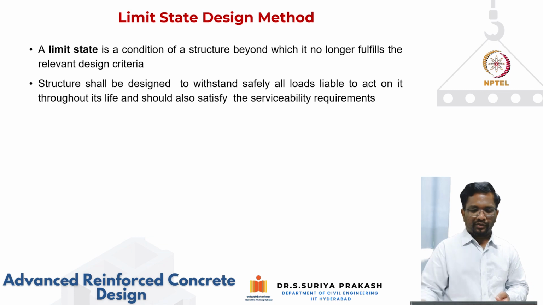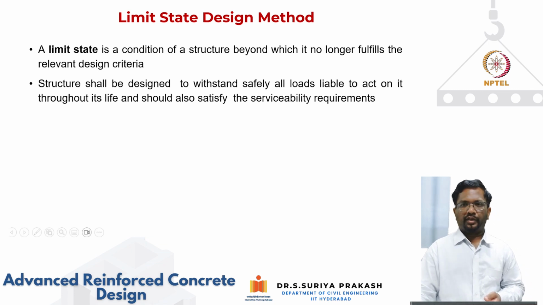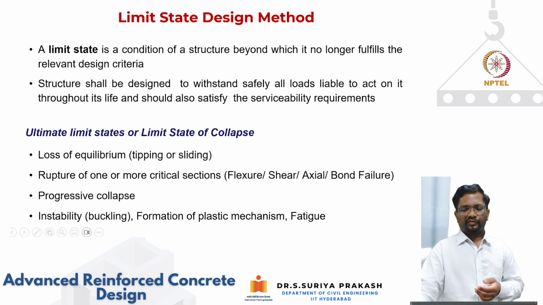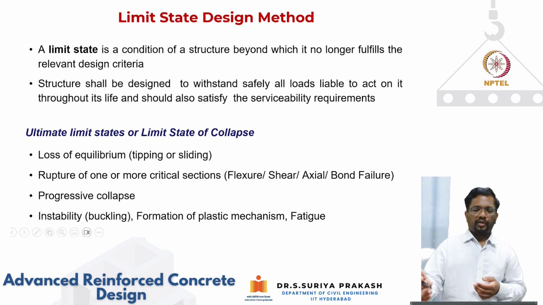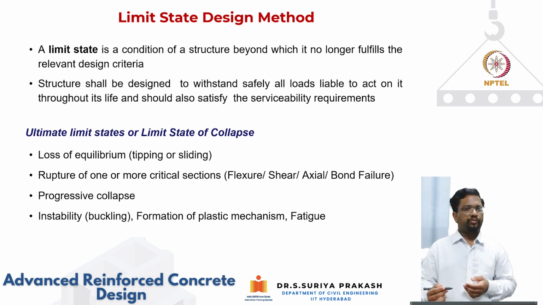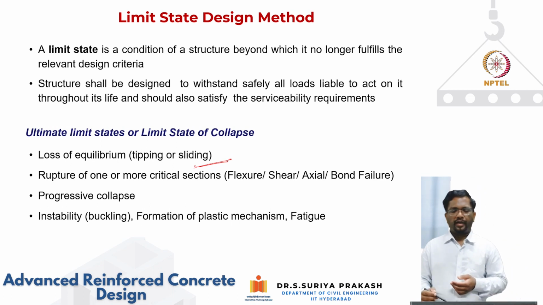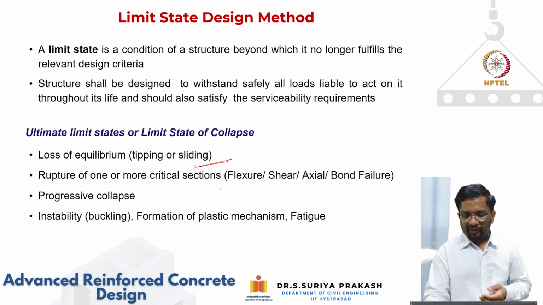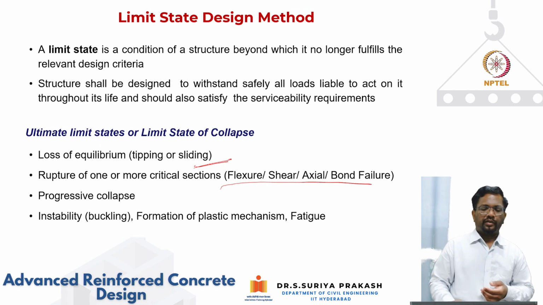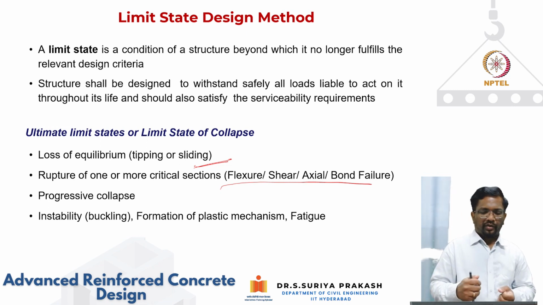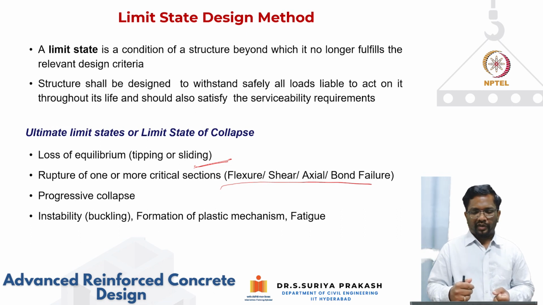And we need to make sure that the structure is designed to withstand safely all the loads acting on it throughout its life, and also satisfies serviceability requirements. Now, what are the different ultimate limit states or limit states of collapse that we check? The loss of equilibrium, of course, we don't want that, right? And material failure, where you have material failure or rupture of one or more critical sections.